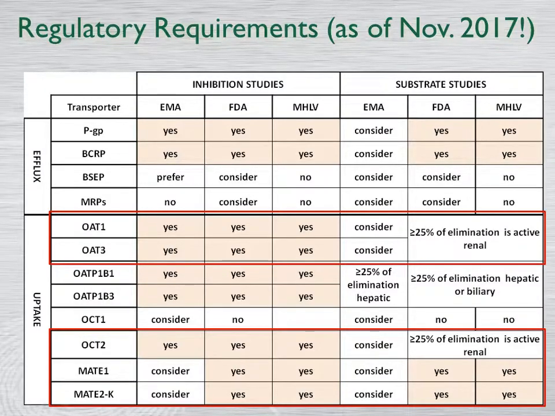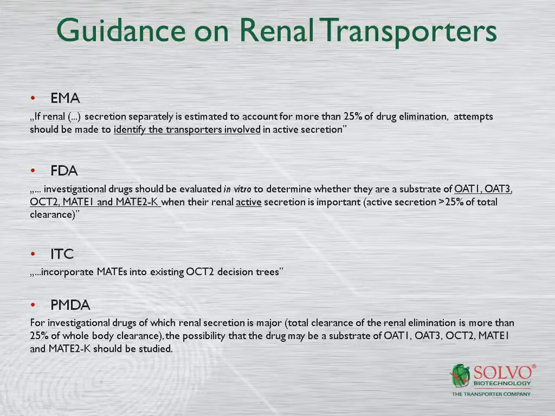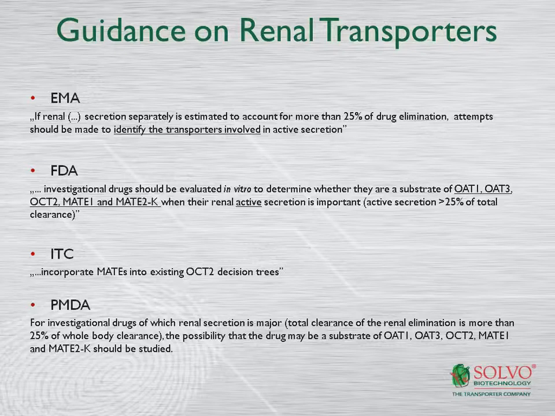And let's go to the kidney transporters. The EMA again just says about this 25% of the drug. If there's a renal elimination of higher than 25%, renal transporters need to be assessed. They just write that the indicated transporter should be used, so they don't focus. So for the EMA it means the MATEs should also be tested.